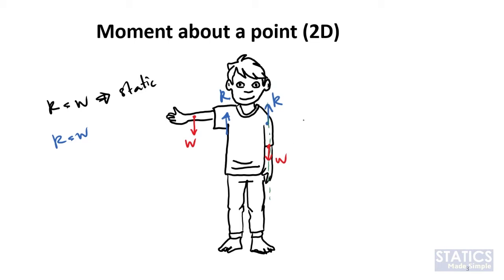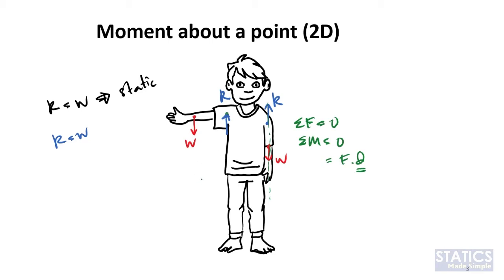So basically here you have summation of force equals 0, and summation of moment also equals 0. Why? Because moment is equal to F times D. If we take any point along this line as the point of moment, D will still be equal to 0.